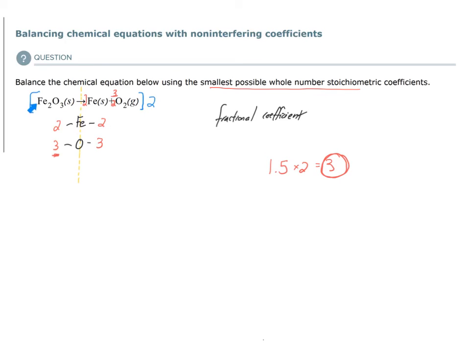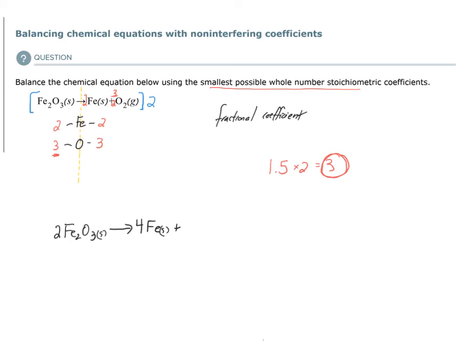What's 2 times 1? 2 Fe2O3 produces, what's 2 times 2? 4 Fe plus, what is 2 times 3/2?